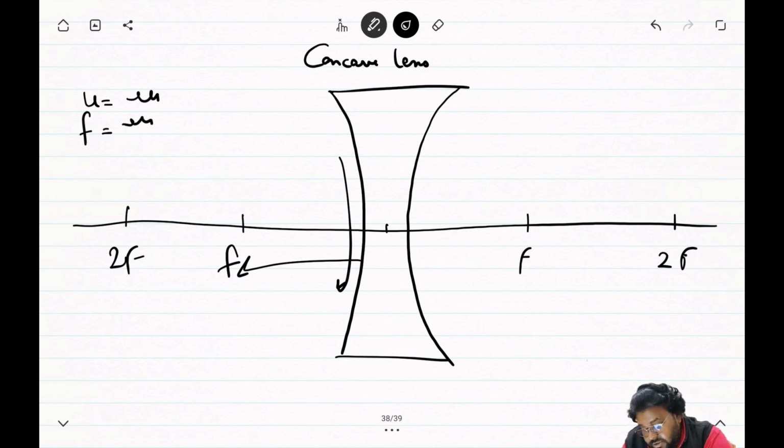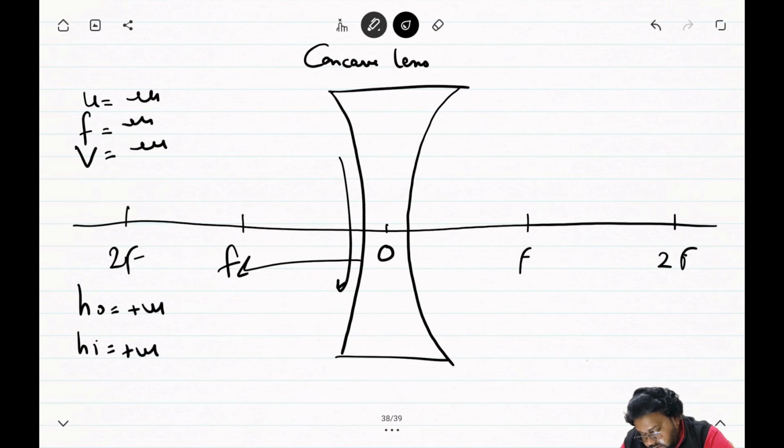In this case, F is also negative, and all the images are formed virtual. So V is always negative. Height of object is always positive. Height of image is always positive, because in both the cases we are getting an erect and diminished image. So that is also positive. So these are the terms related to the convex lens and concave lens, and these are the sign conventions.